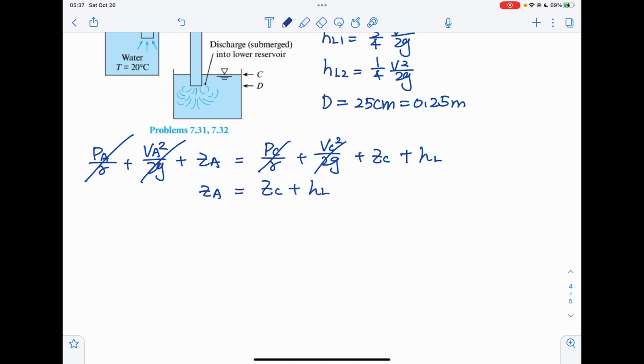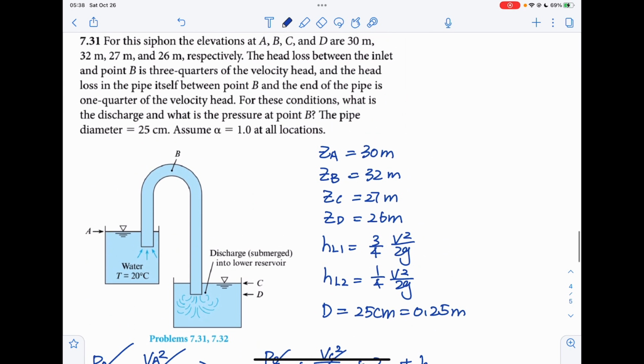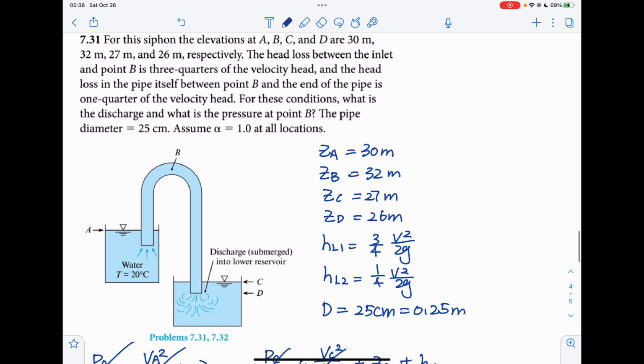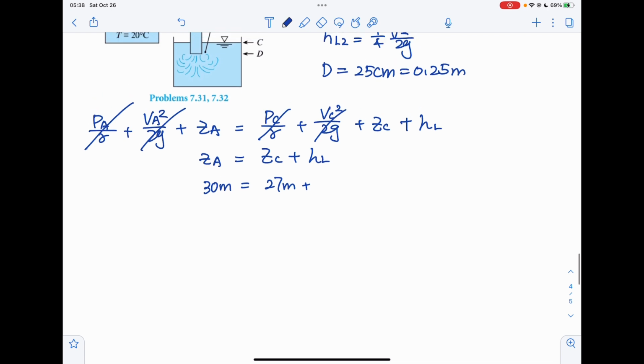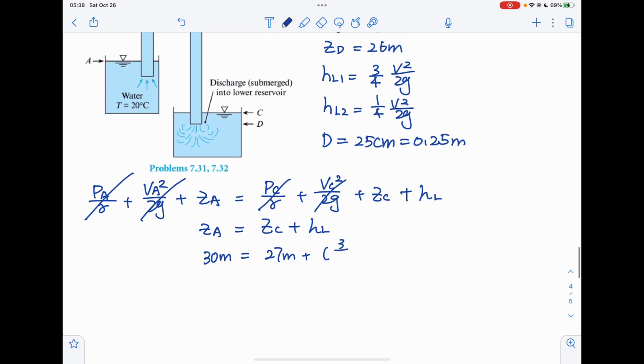Okay, so ZA is 30 meters, ZC is 27 meters, and you will find the head losses, which is the 3/4 plus the 1/4 of V squared over 2g, plus 1 of the velocity head.